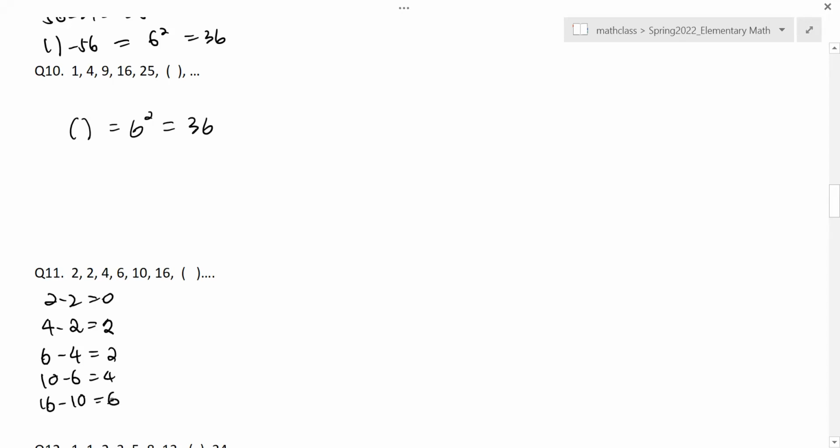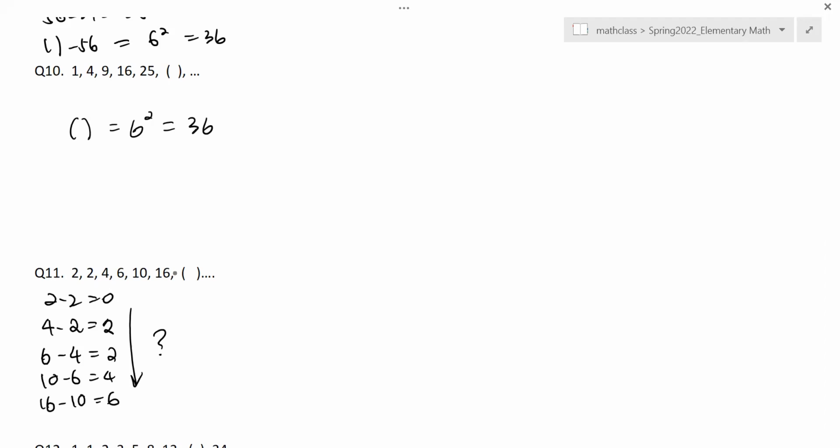I don't see any pattern here. This is hard. It's not working that way, so I put a question mark here. It's okay, we get used to that. We take the difference of consecutive terms, and it's not like you multiply the previous term by some fixed number to get the next number. I don't see any patterns like that.